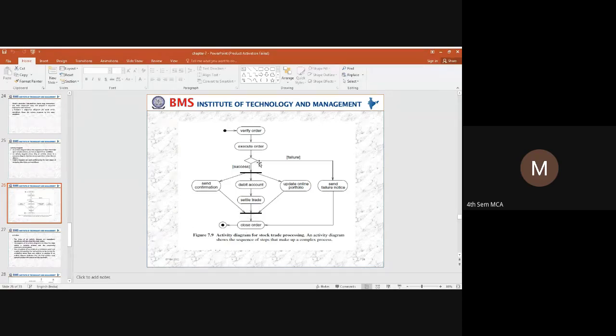If there is a failure, if the execution of order is not happening, it should generate a failure notice saying why the stock purchase is not happening, and move to close order, which indicates the end of the activity. This end of the activity is denoted with the bull's eye, or we can call it the activity final, or a final activity.